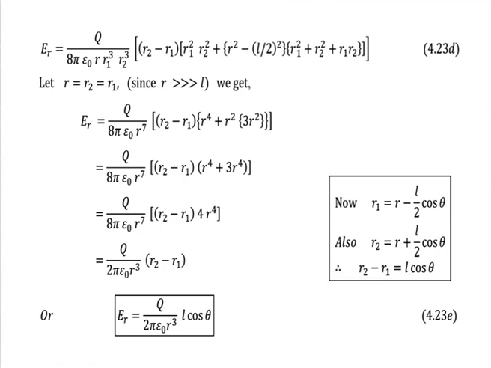Now, from figure 4.5, again we see that R1 is equal to R minus L by 2 cos theta and R2 is equal to R plus L by 2 cos theta. Therefore, R2 minus R1 is equal to L cos theta. When we put this value in the above equation, we get ER is equal to Q upon 2 pi epsilon naught R cube L cos theta.